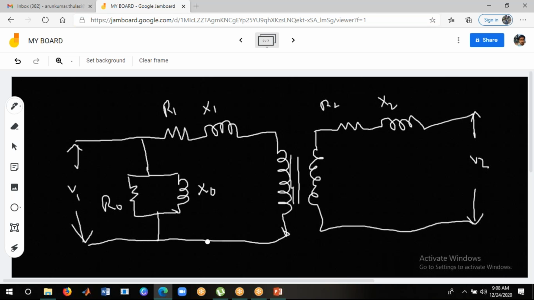So this is the equivalent circuit represented for the transformer. This entire circuit one belongs to the primary circuit and circuit two belongs to the secondary circuit.